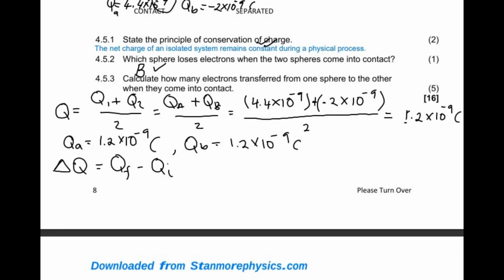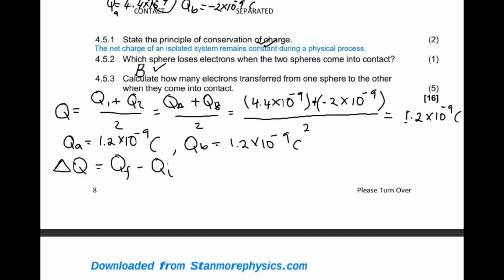I personally prefer that you use the sphere that the charge is being transferred to, to determine the amount of charge that was transferred to it. I've seen when you use the other sphere, the value will have an opposite sign.